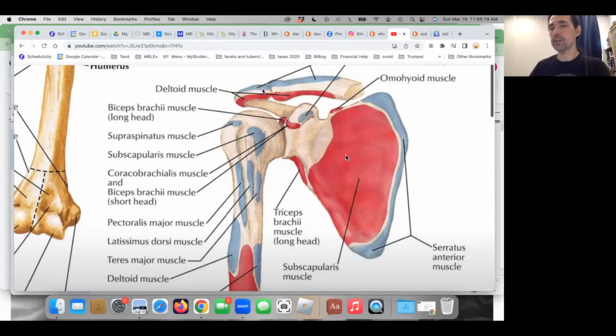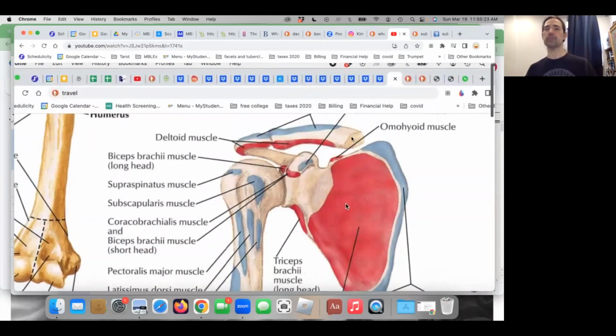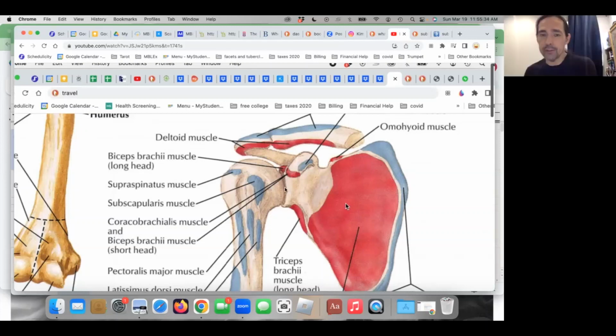It's a little difficult to tell in a two-dimensional drawing, but if you look at this bone here, it should hopefully look like it's in the front. That's the clavicle. And this bone here looks like it's pointing to the front. Again, it's two-dimensional, so it's a little hard.